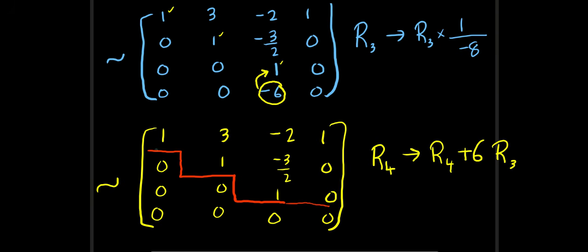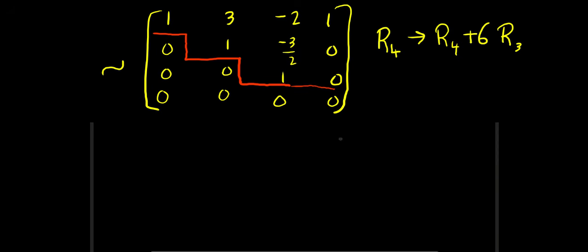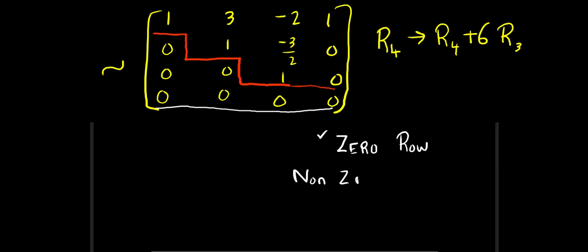So we have reached the echelon form, and now one very important thing, you should never get confused. So look at this, 0 row. Remember, if someone tells you 0 row, then it means all the elements in the row should be equal to 0. And if someone tells you non-zero row, then at least one element in that row will be non-zero.